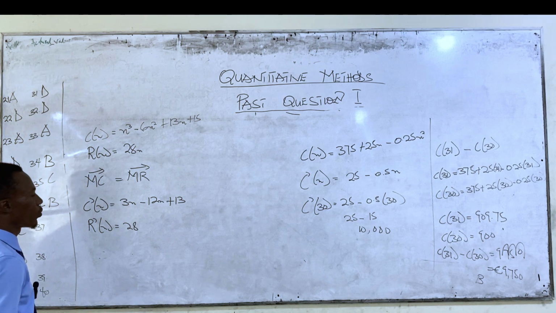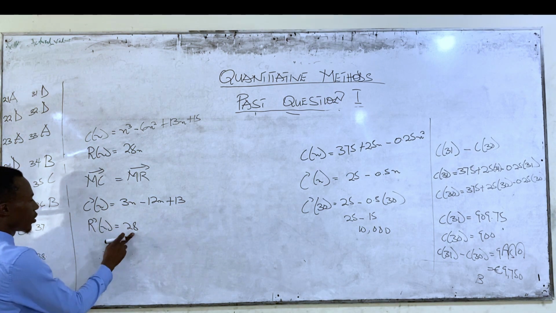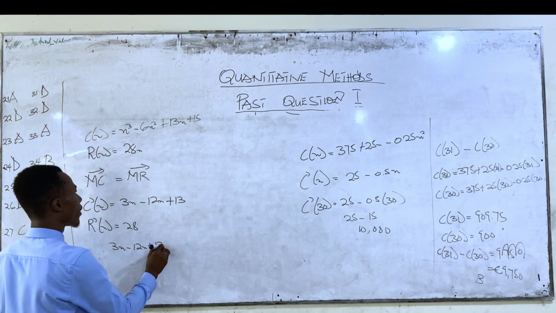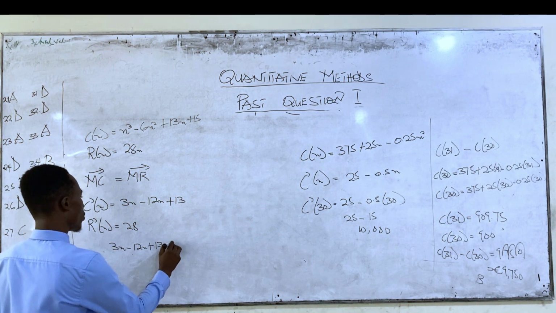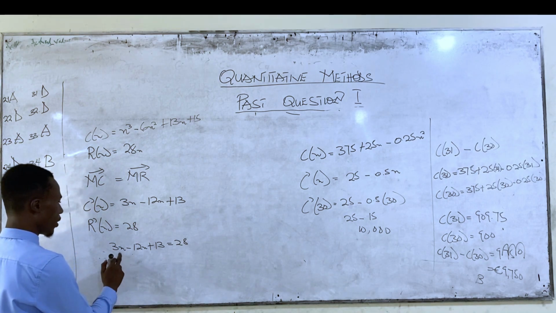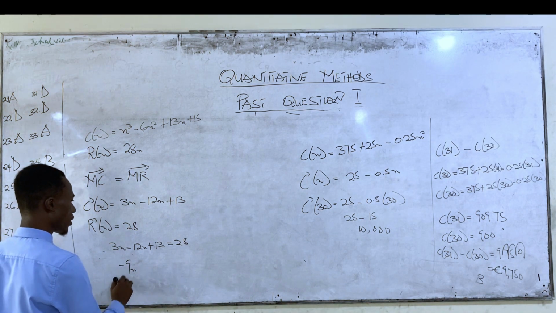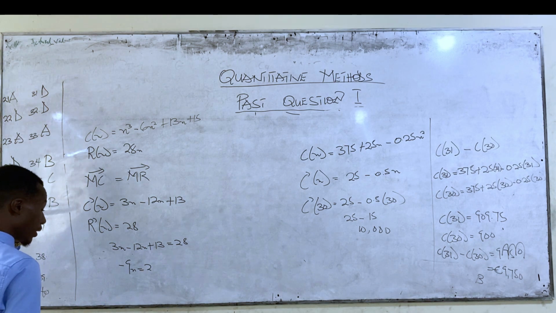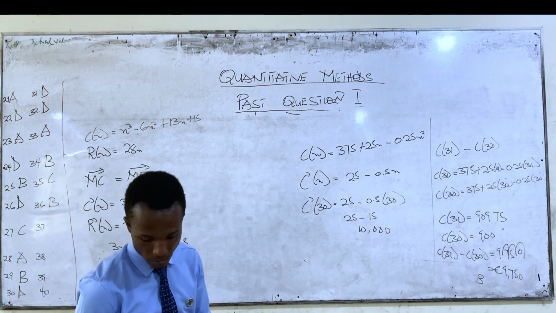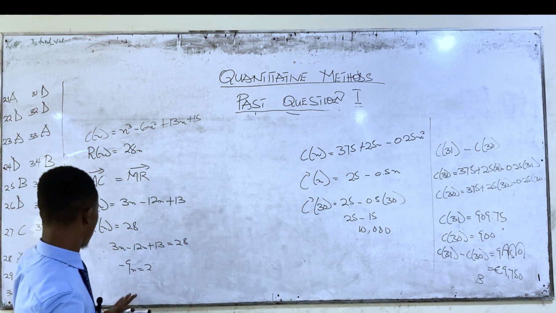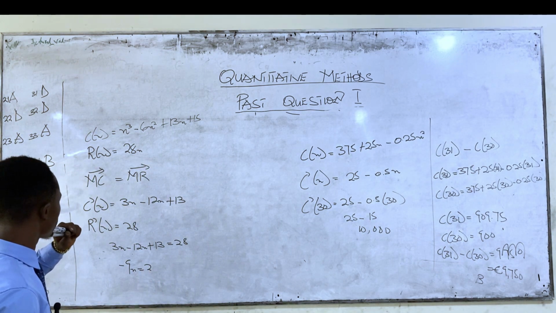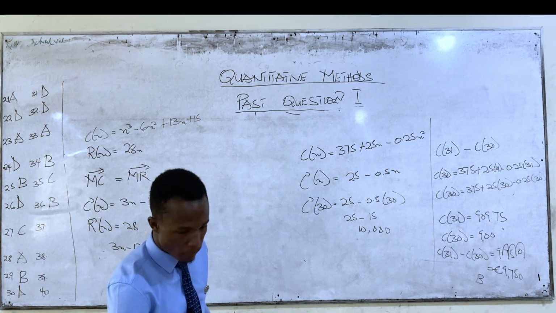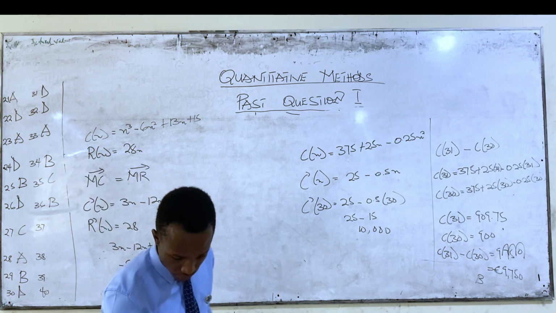We equate the two, so 3x minus 12x plus 13 equals 28. Let me check since there is a mistake somewhere.